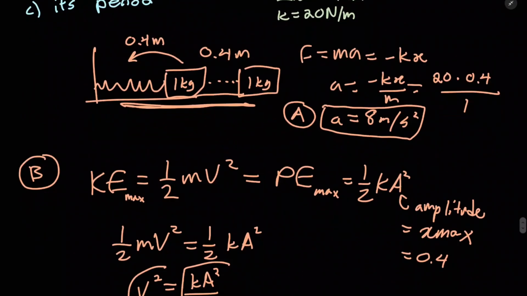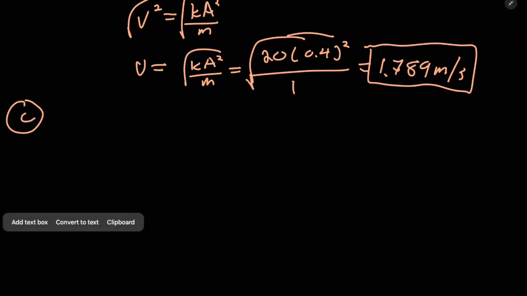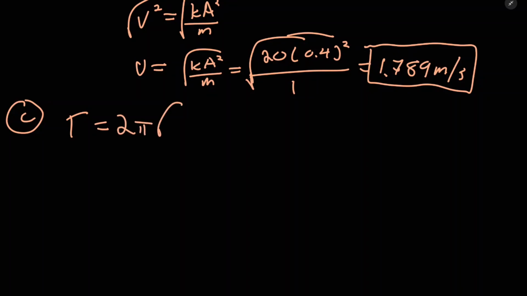And now lastly, it's going to ask for its period, and this is pretty easy as well. So part C, remember, the period of a spring is given by T equals 2 pi square root of the mass over the spring constant, because if you have a stiffer spring, it's going to oscillate faster.